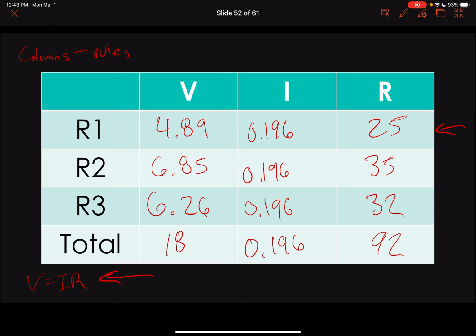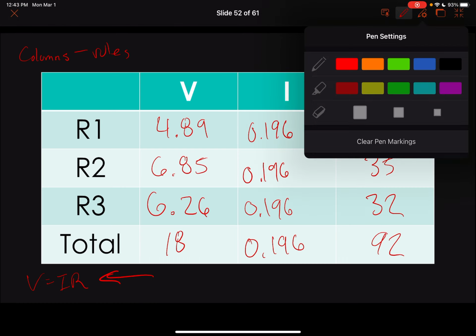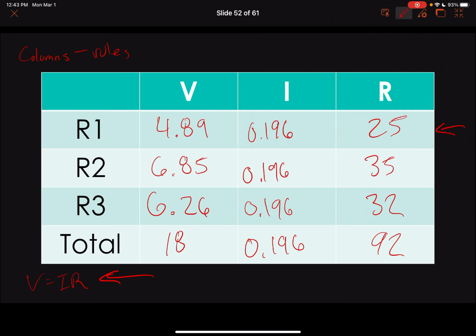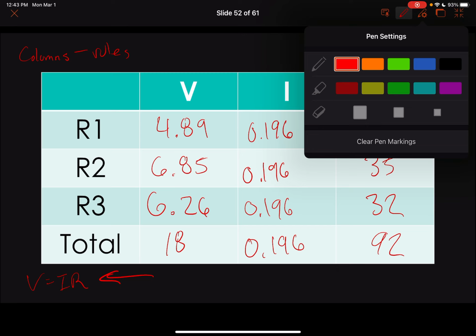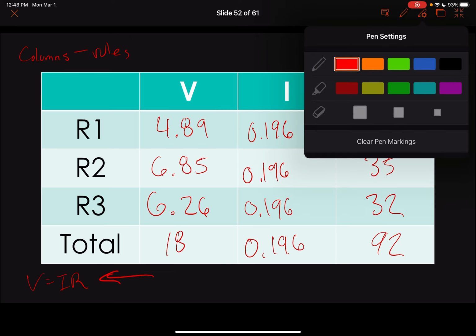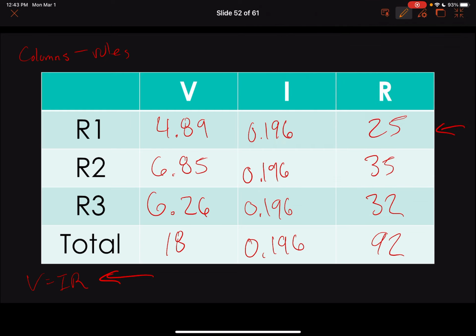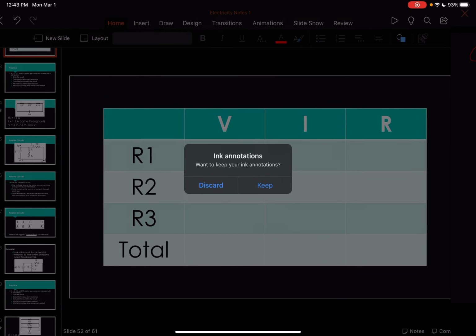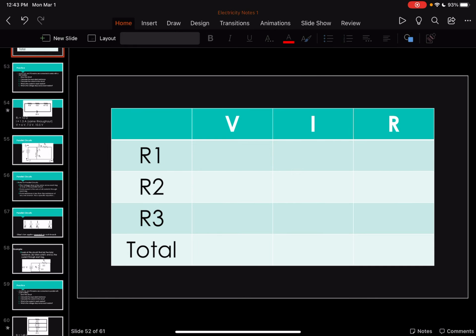Here we go, and I will erase. Whoops, why is it not working? It's not wanting to clear. Let me just close out, discard, and go back in.